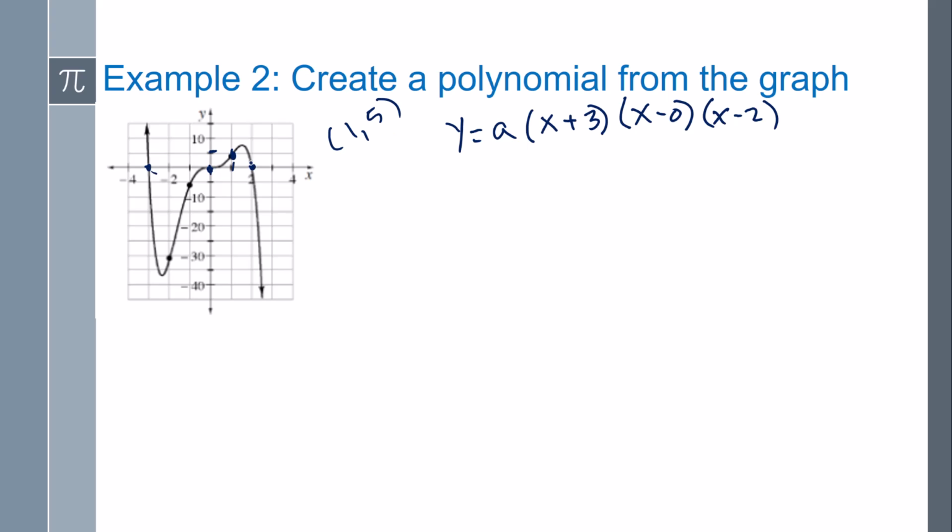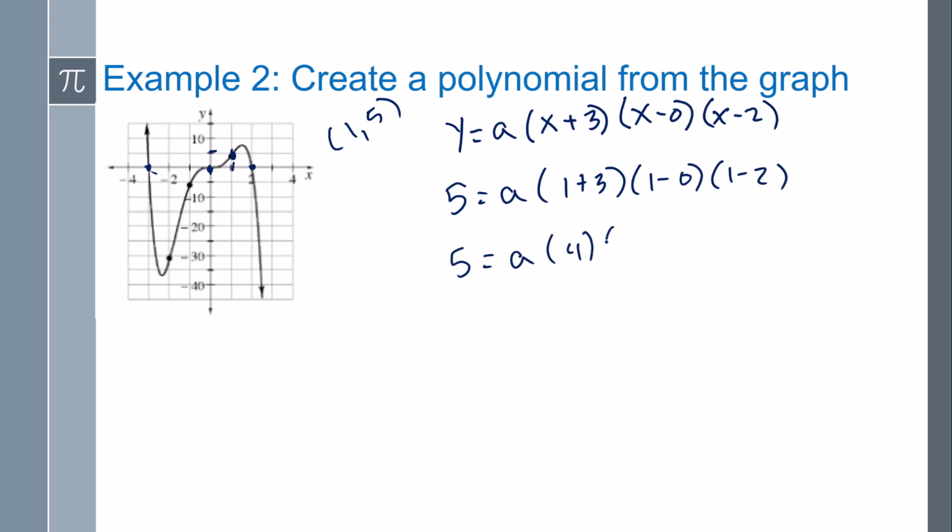So now I need to find my a. So plug in 5 for y, and 1 for x. So I get 5 equals a times 4 times 1 times -1. So that's negative 4 again. Divide both sides by negative 4.